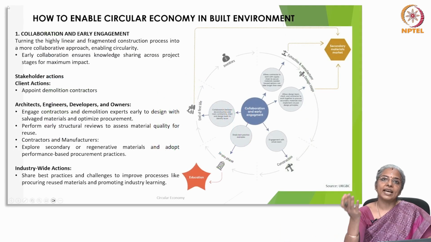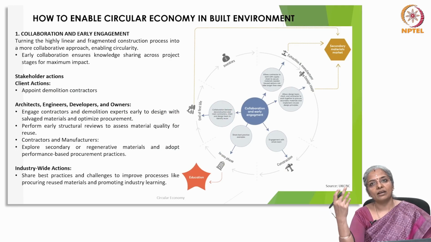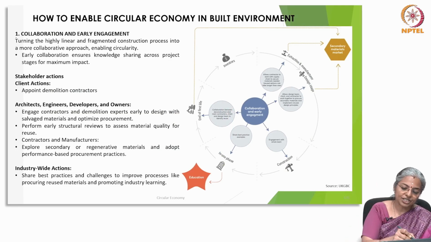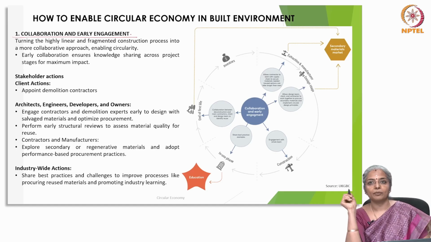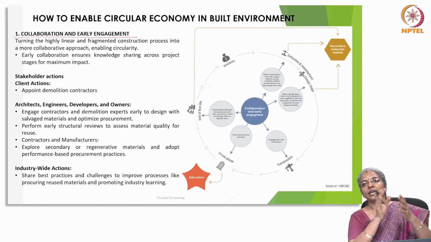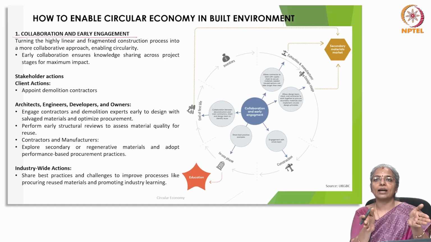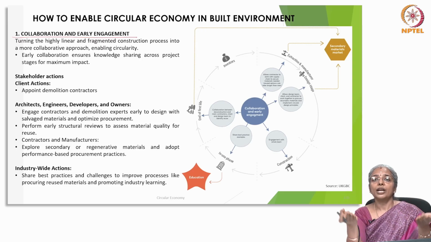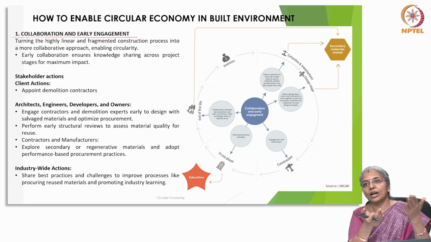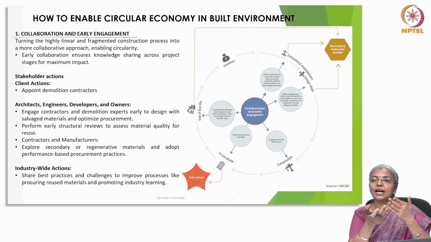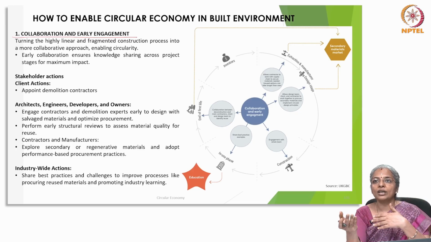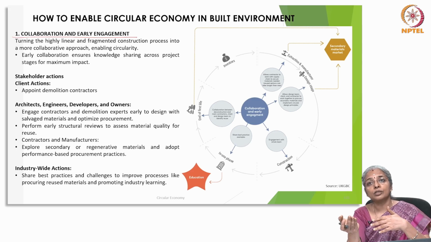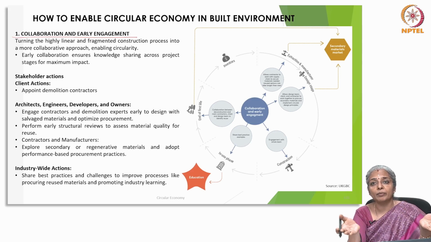So how do we enable this in the built environment? First is collaboration and early engagement. So you can turn the highly linear and fragmented construction process which we have today into a more collaborative approach, enabling circularity. Now this early collaboration can ensure that we are able to share knowledge and information across project stages for maximum impact.